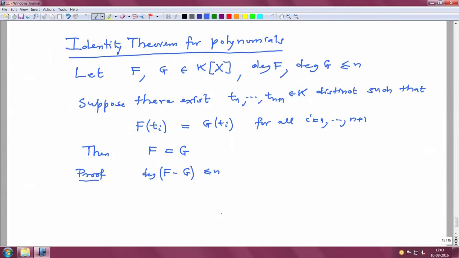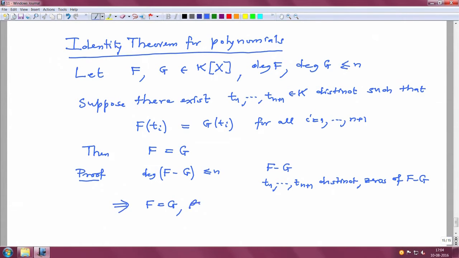But for this polynomial f minus g, all these points T1 to T(n+1) are distinct, and the assumption that the values are equal says that they are zeros of f minus g. And we know a polynomial of some degree can have at most that many different zeros. Therefore, the only possibility is f equal to g.